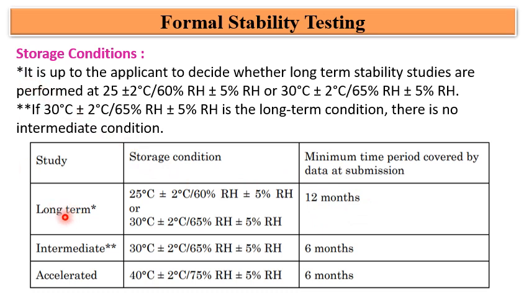So for the long-term condition, it is up to the applicant to decide whether the long-term stability study is performed at 25/60 or 30/65. And if you perform the long-term stability study at 30/65, then the intermediate condition will not be there.